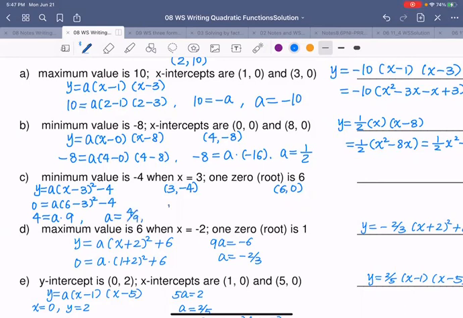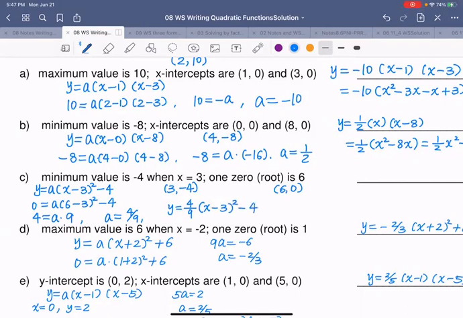So the function is y equals 4 over 9 times (x minus 3) squared minus 4.